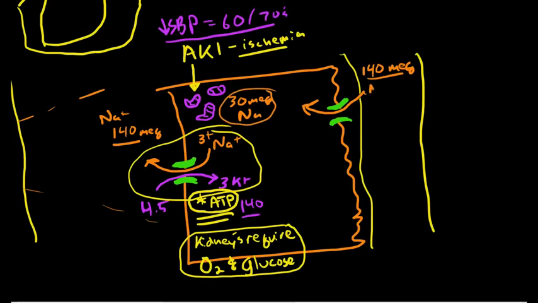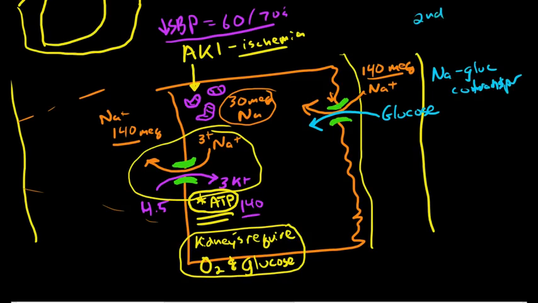So sodium is just passively riding down its concentration gradient, and this cotransporter is a protein that's set up to have two things come in together. So it rides the glucose in along with the sodium. This is called the sodium glucose cotransporter, and this is an example of secondary active transport.